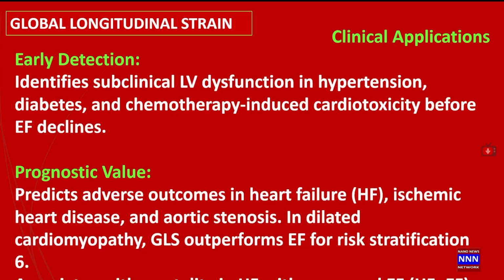Prognostic value: those patients who have this patchy reduced longitudinal strain have more tendency to develop heart failure in the future or go on to develop cardiomyopathy, and hence these patients need to be followed closely and followed with tests to see if there has been change in their left ventricular size and function over a period of time.